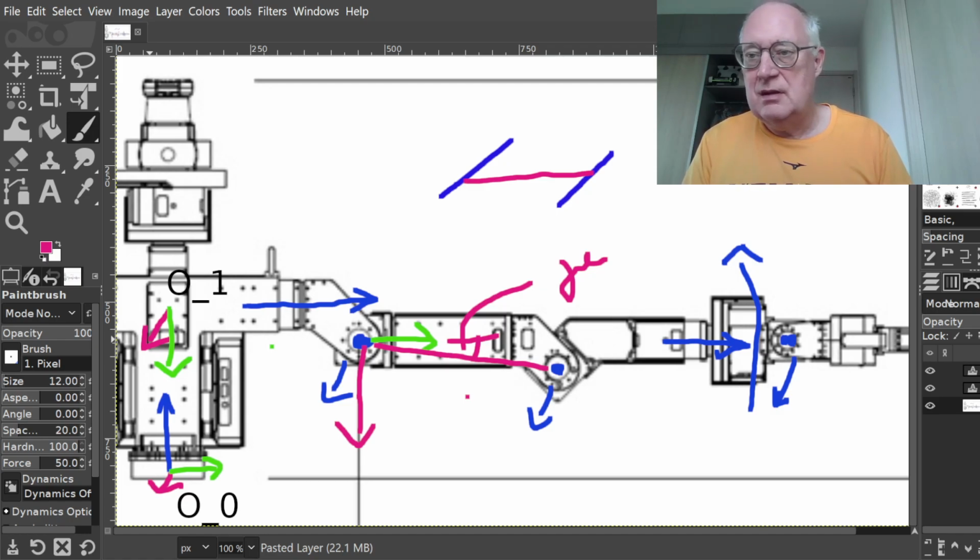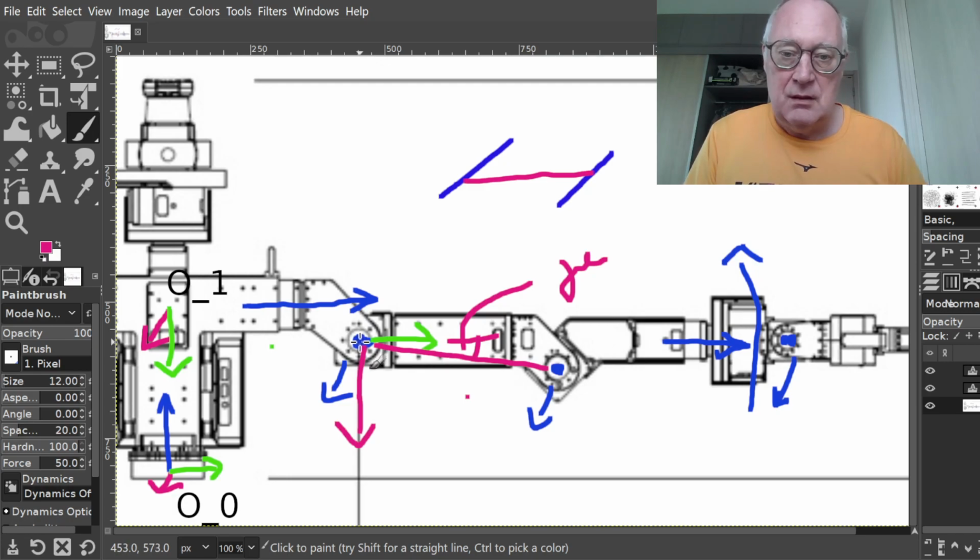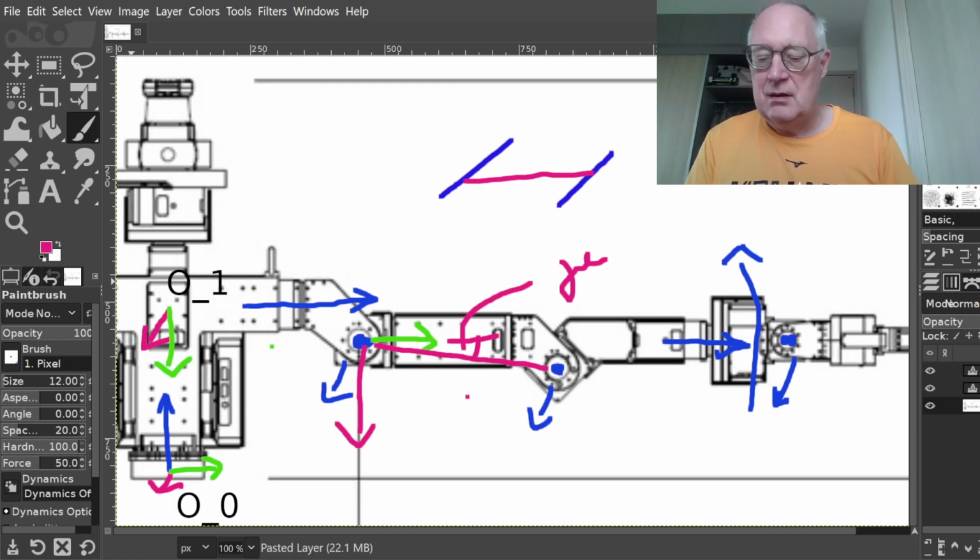So O3x, O3y, and O2x, O2y is equal to, that was here, 453, 573.